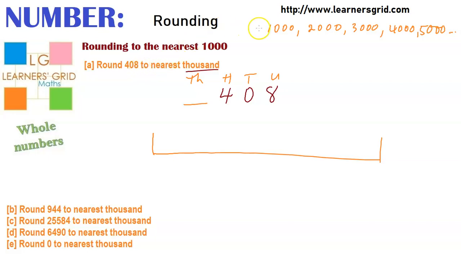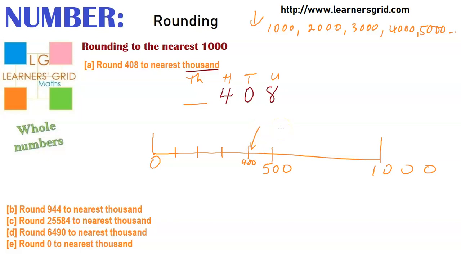So 408 isn't even up to here. It's before 1,000, so I'm going to go from 0 to 1,000. 500 is halfway. And 400, so I'm going 1, 2, 3, 4. So 400 is here, which means 408 is about there.